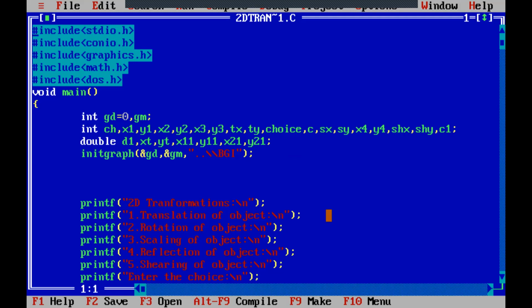If y equal to x is the axis, then simply interchange x and y. And if y equal to minus x is the axis, then along with the interchange, the sign is also changing for both x and y. Right? So these are the T matrices for 2D reflection.